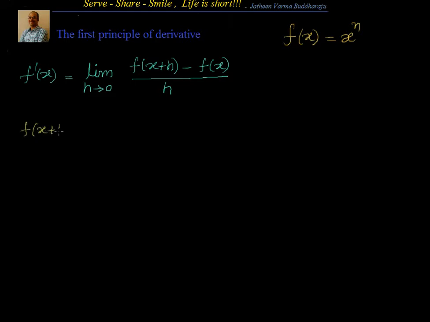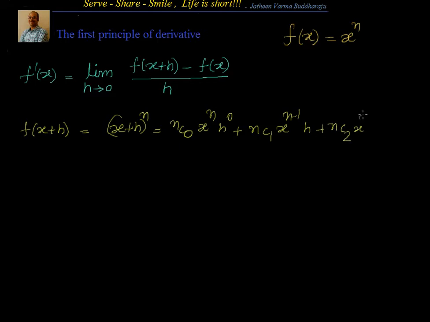F of x plus h is nothing but equal to x plus h whole to the power of n. So this is a binomial expansion, so I will expand it. I will have nC0 x to the power of n into h to the power of 0 plus nC1 x to the power of n minus 1 h plus nC2 x to the power of n minus 2 h square.